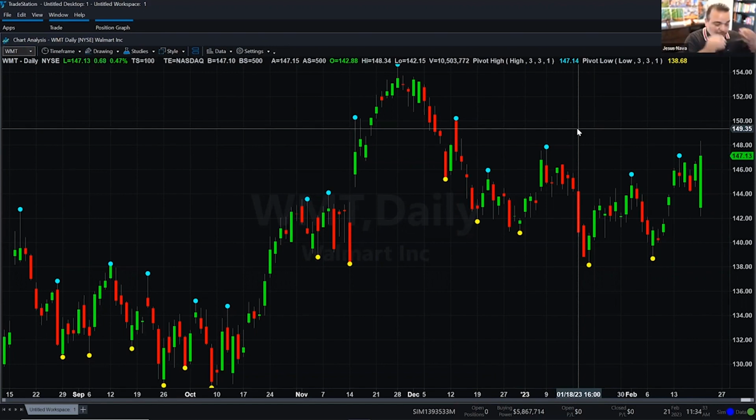Now, visually, of course, having the dot aligned with the pivot helps you visualize where those pivots are. But in reality, you're not going to see that yellow dot or that cyan dot exactly where the pivot occurs. Okay, so let's go ahead and take a look at some other mechanisms here.